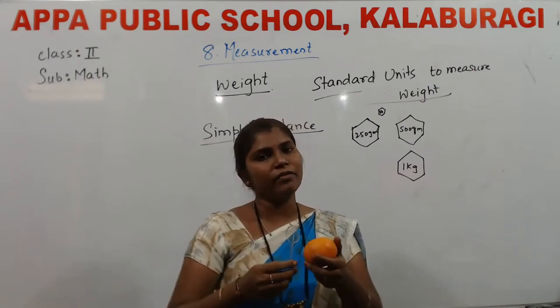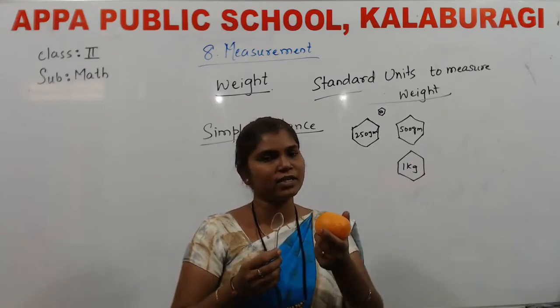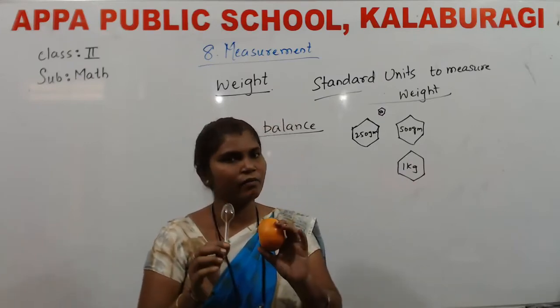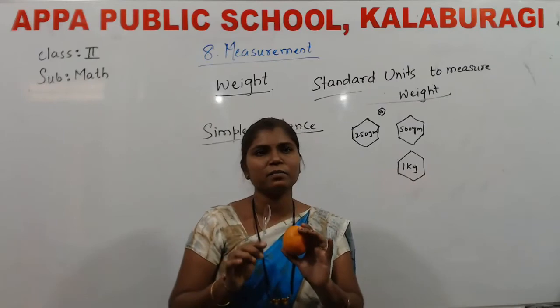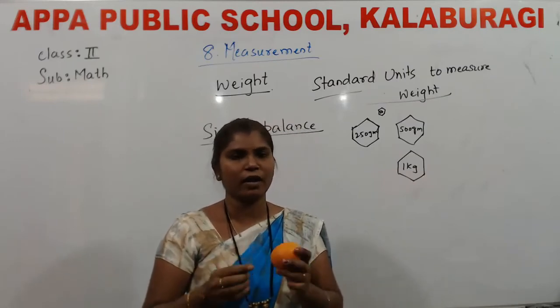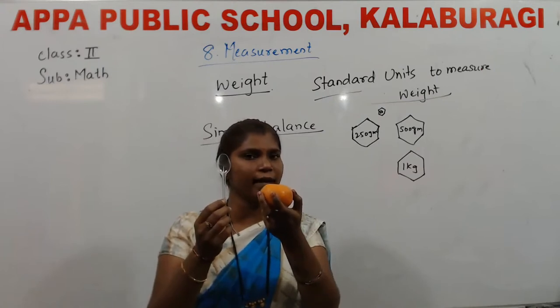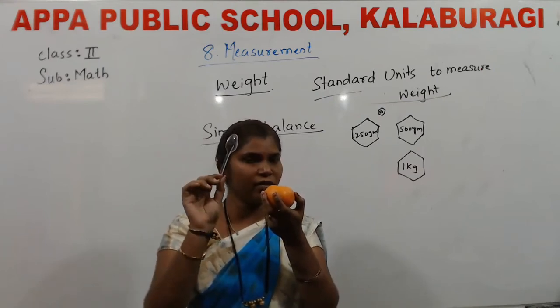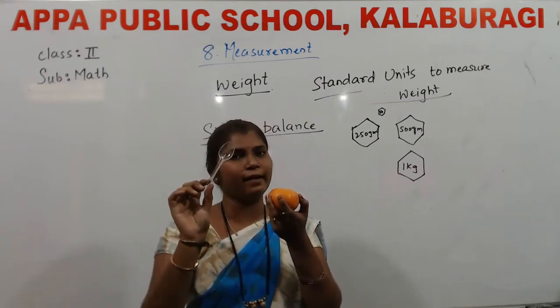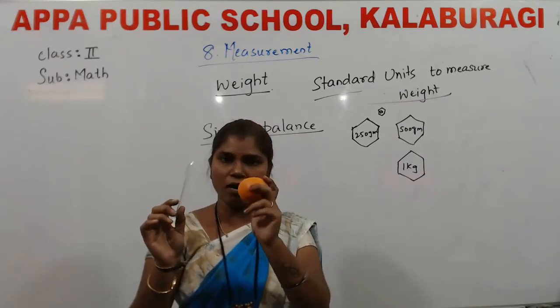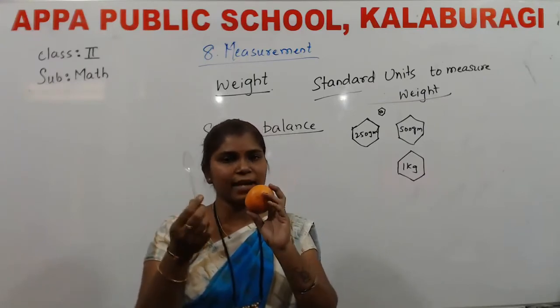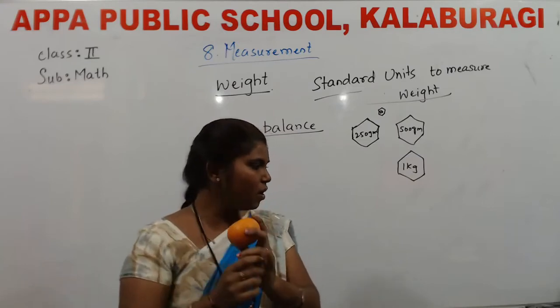Now, how do you say which is heavy and which is light? Here we don't have a simple balance. We are just making a comparison. Out of these two, which is heavier? Is the spoon heavier? No. The spoon is lighter as compared to the orange.